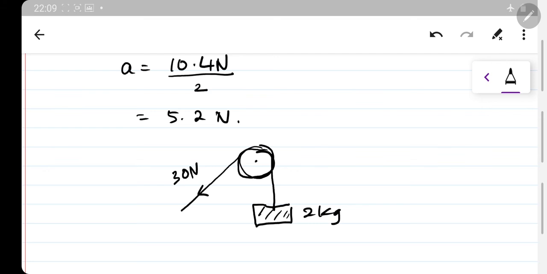We need to separate the body into two different situations. Let's say I take from the side of this mass, from this object. We know that the mass is 2 kg, and we know its weight is W equals mg. Just now we already calculated, 2 times 9.8.